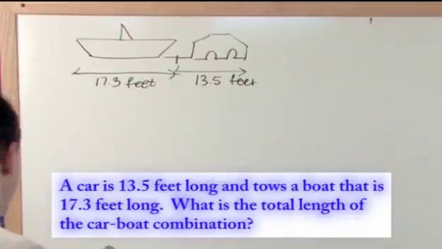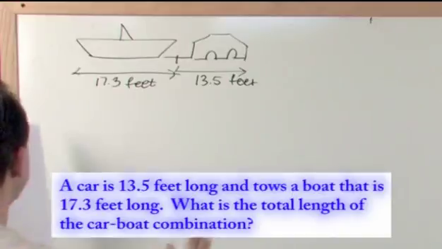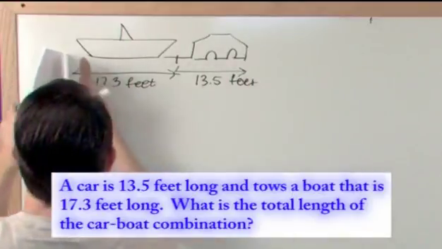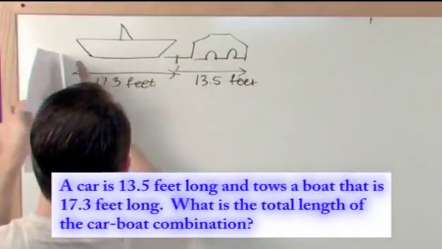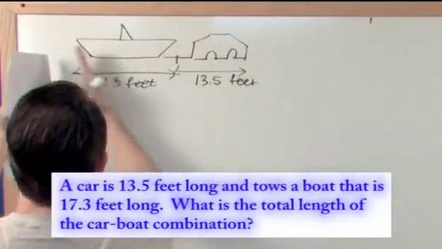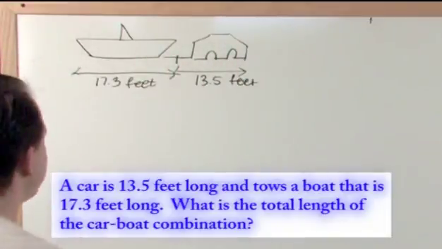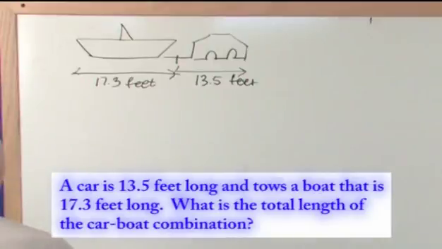And the question is, what is the total length of the car-boat combination? So I need to add them together because I have 17.3 feet and 13.5 feet, and to find the total length of the two, you have to add them together. Okay, so let's do that.